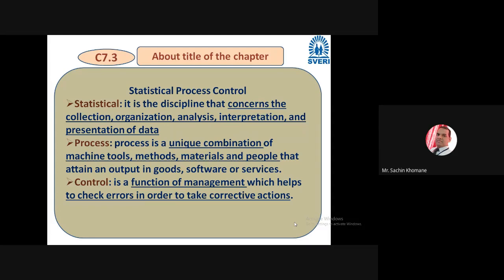Such collection of data is one part of statistics. Now that data you have to organize, maybe in column form: how many products were defective, first product defective, and what kind of defect.